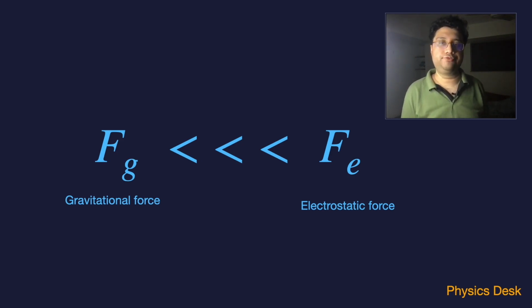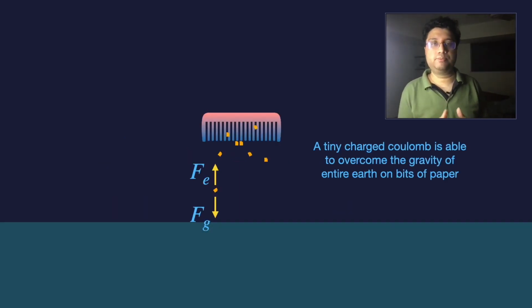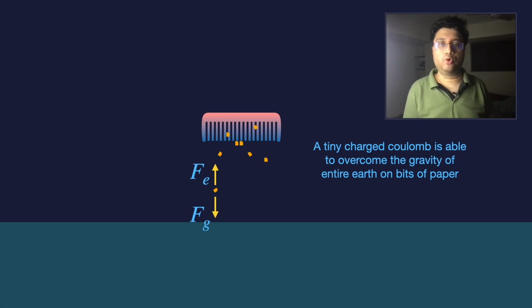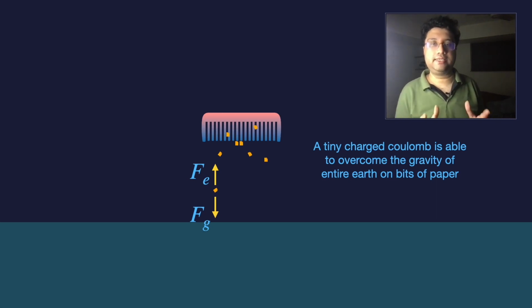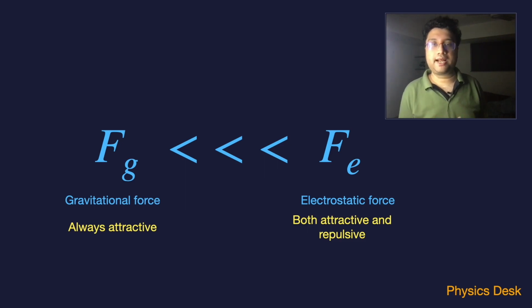It's evident in our day-to-day observation. Just a small imbalance of charge between two tiny objects, such as bits of paper and a comb, can cause the bits of paper to fly towards the tiny comb, overcoming the downward pull of Earth's entire gravity coming from a huge ball of 10^24 kg. Also, gravitational force is always attractive in nature, whereas electrostatic force is both attractive and repulsive.